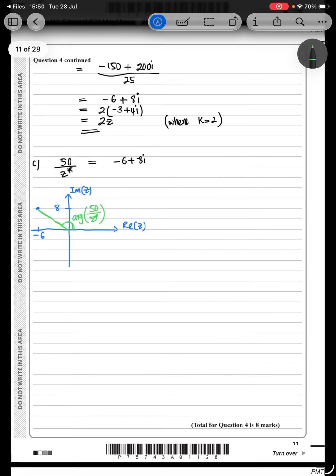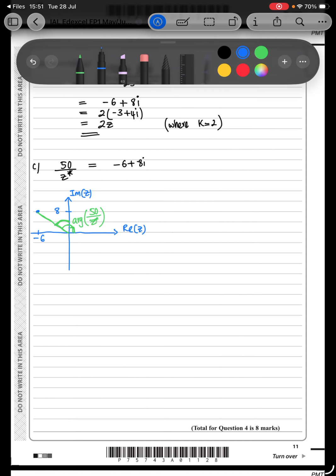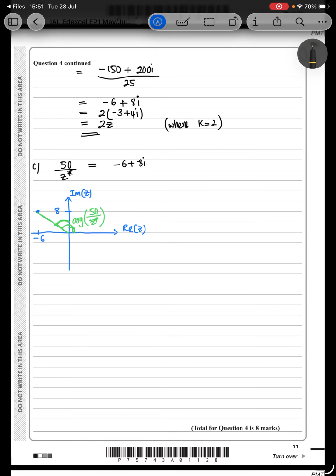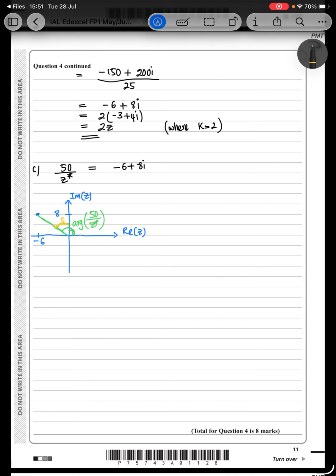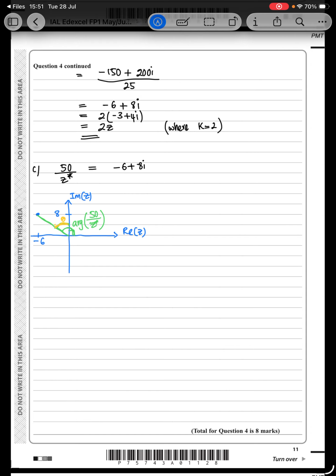It's always from the positive real axis. So from the positive real axis to the positive imaginary axis, it's 90 degrees, or in radians pi by 2. Let's mark the angle from the positive imaginary axis to the complex number line as theta. So our job here is to find theta and add that to pi by 2, then we can find the argument.